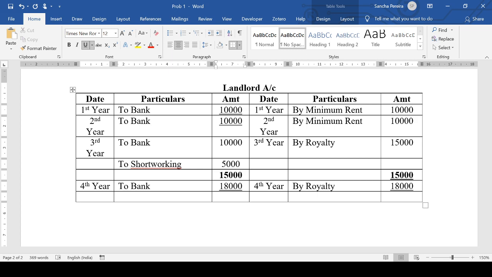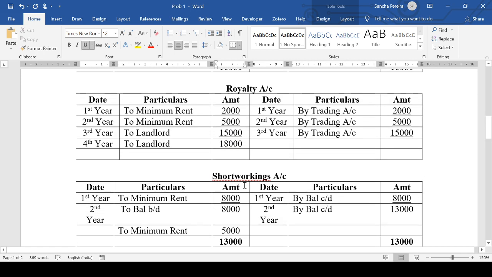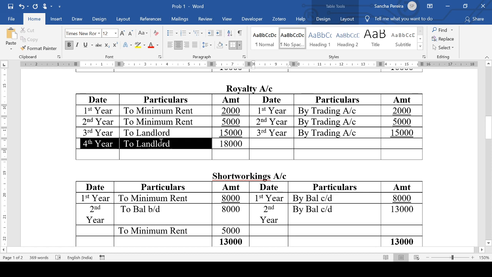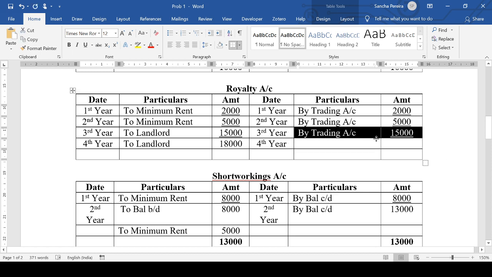We don't have any short workings, so the entry doesn't come. And finally, transfer the royalty to trading, by trading.